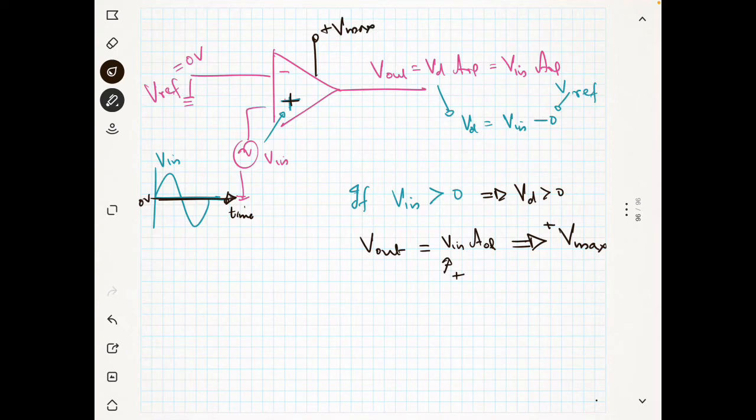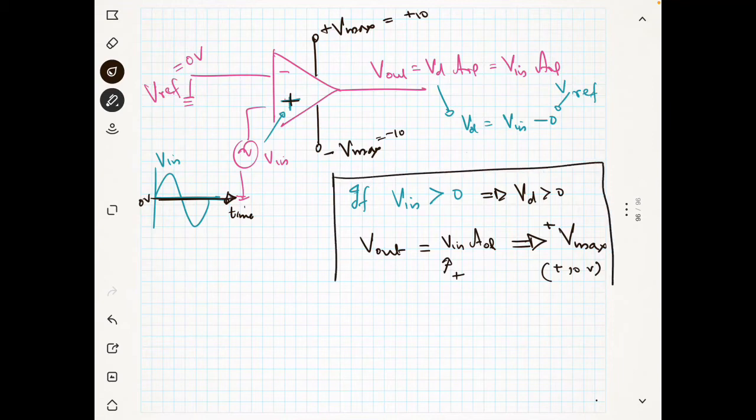It will not be any other value, because one transistor in the op amp will move into saturation and another into cutoff. Suppose V max is equal to 10 volt and this is minus 10 volt, then the output will be 10 volt, whatever be the input. So this is the first situation.